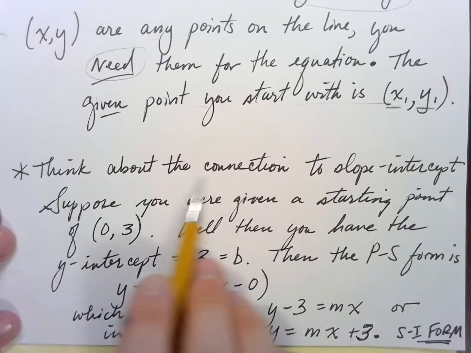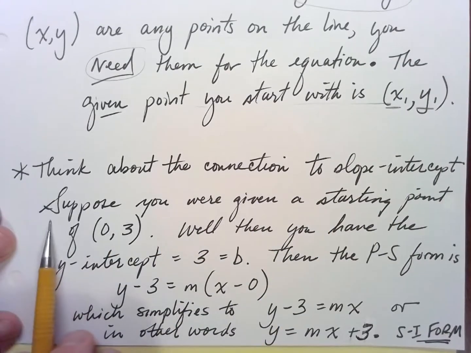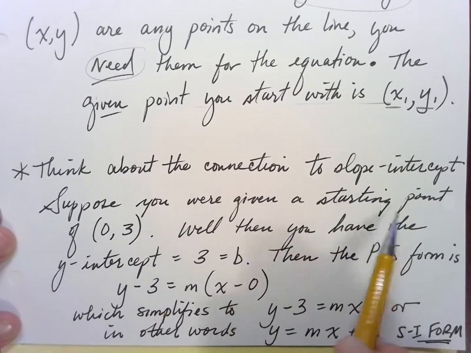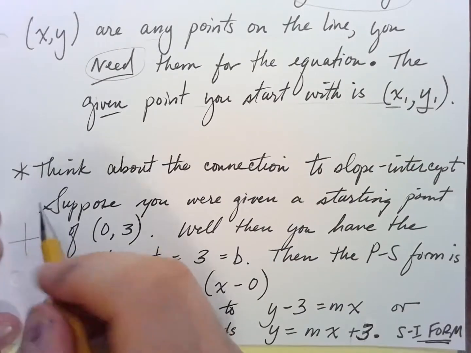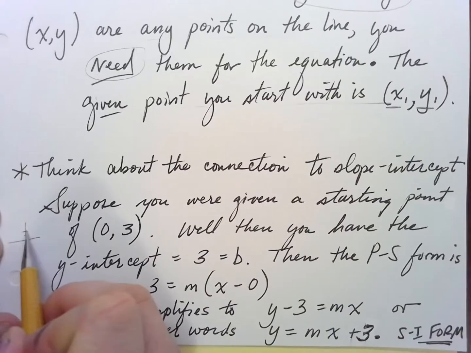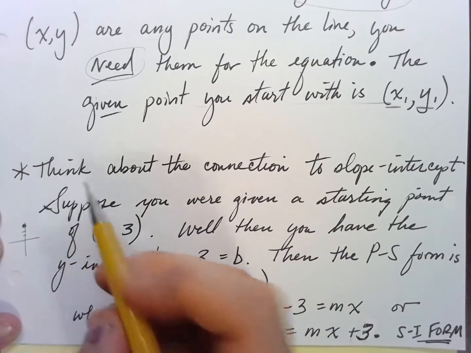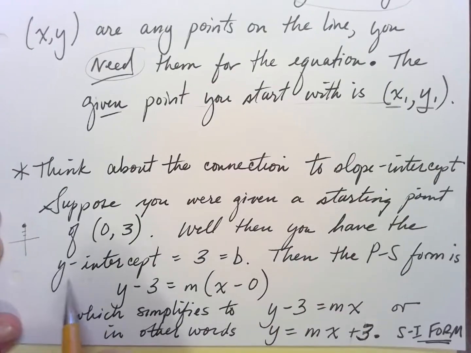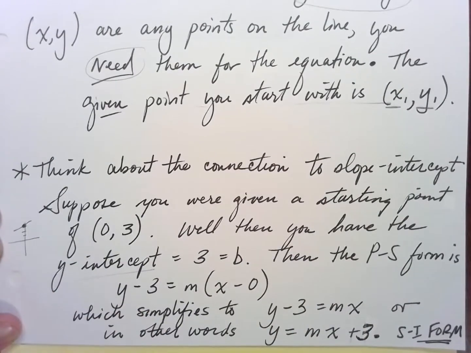So think about the connection to slope-intercept. Suppose you were given a starting point of 0, 3. So 0 is on the x-axis, 3 is on the y-axis. If you sketch this out, the point 0, 3 is right there on the y-axis. Well, then you have the y-intercept, because 0, 3 is where it's crossing the y-axis.